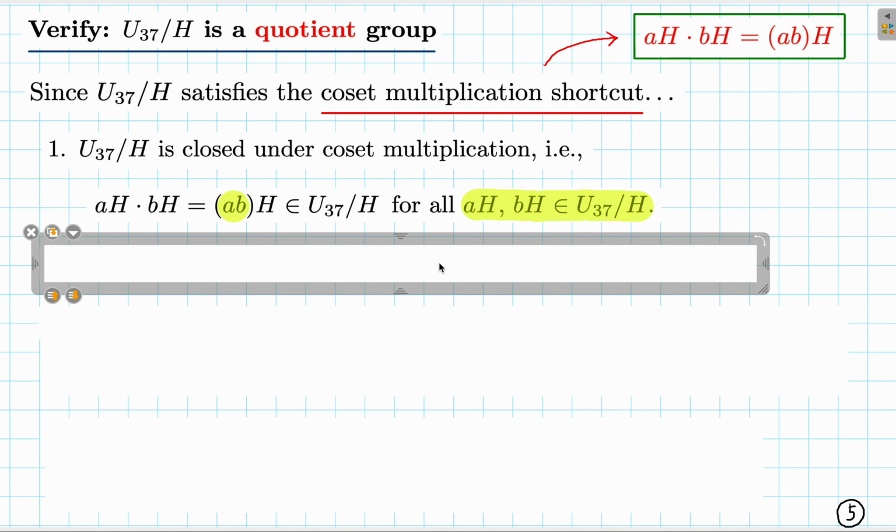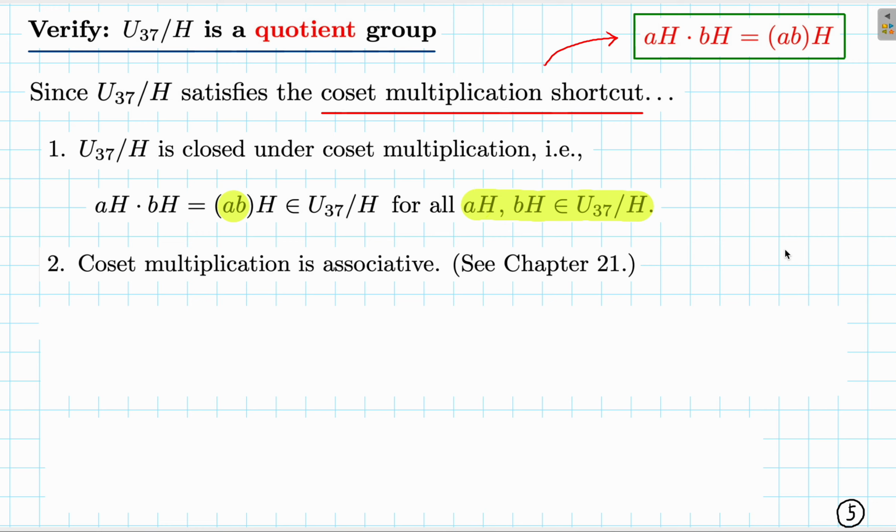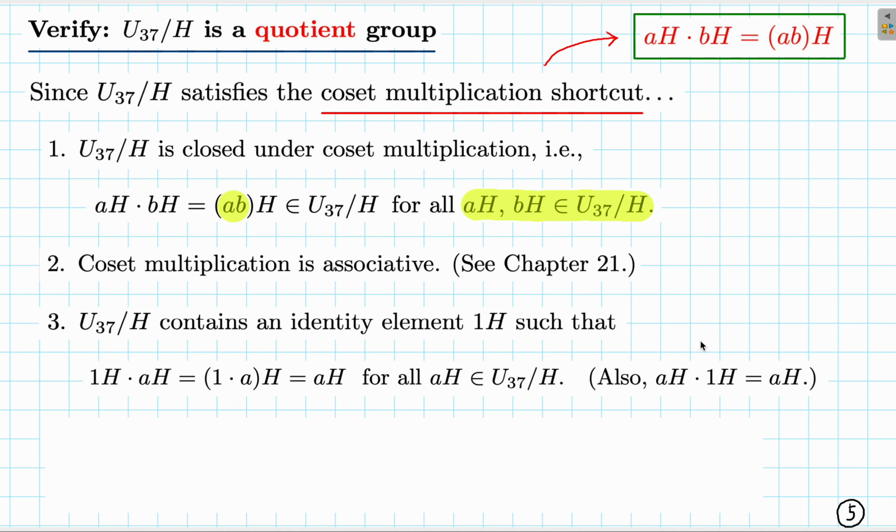Now, as mentioned earlier in class, coset multiplication is always associative. Please take a look at the chapter 21 reading for that. For the identity element, we claim that the coset 1H plays the role of the identity, and let's verify that using the shortcut.